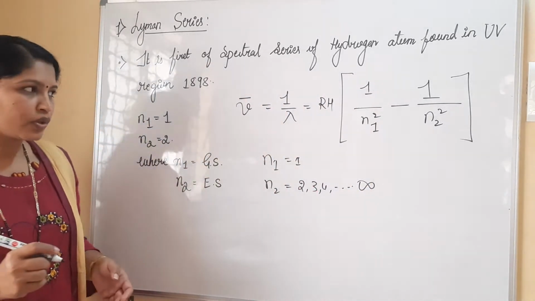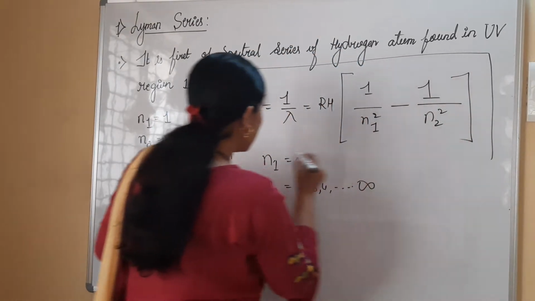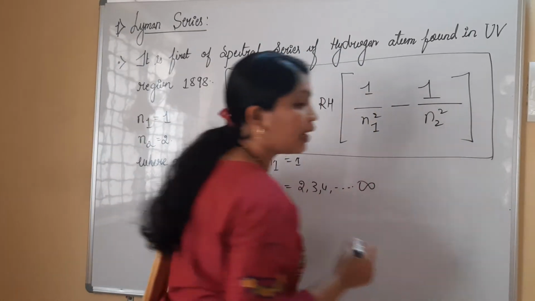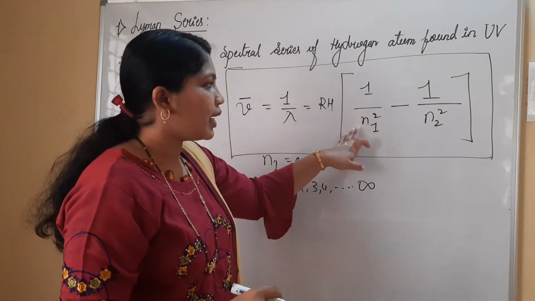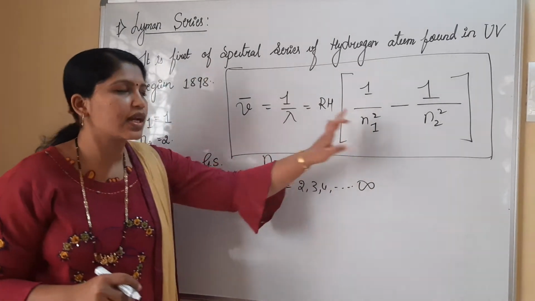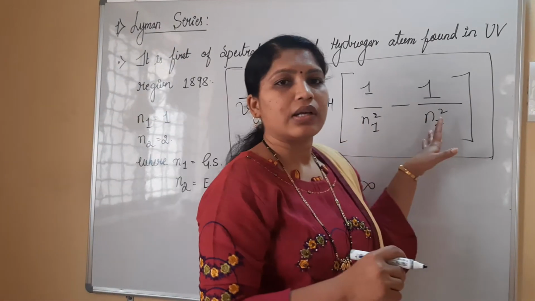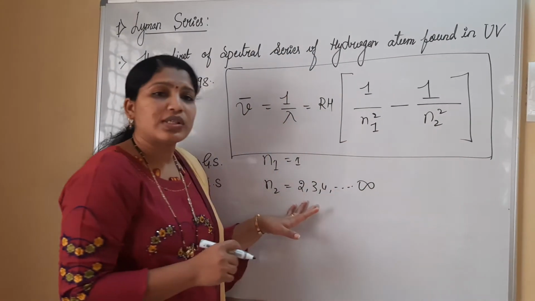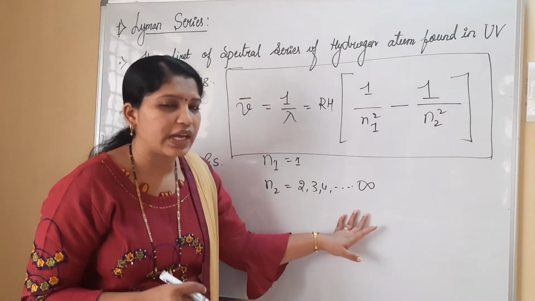So this is the formula that holds good for the Lyman series, where 1 by n1 square is the ground state where the electron is present, and n2 is nothing but the excited state. Those excited states may be 2, 3, 4 and up to infinity.